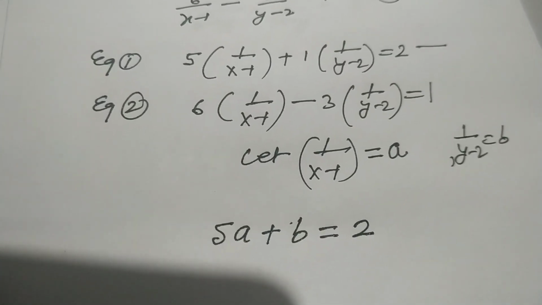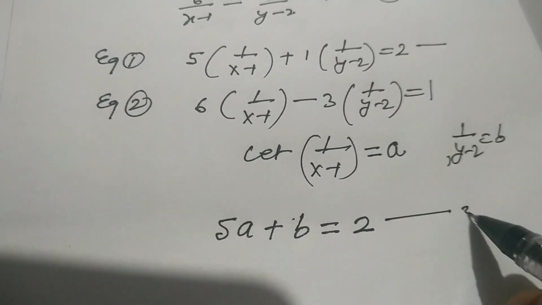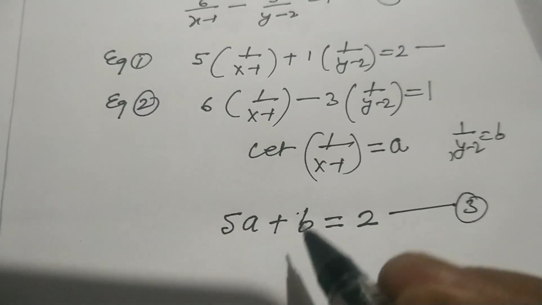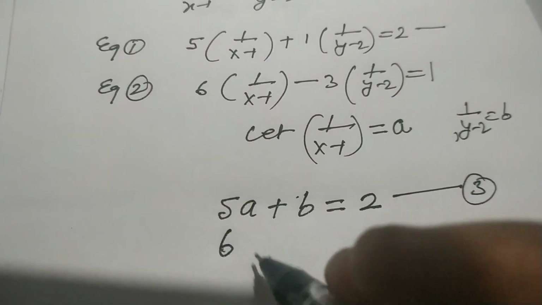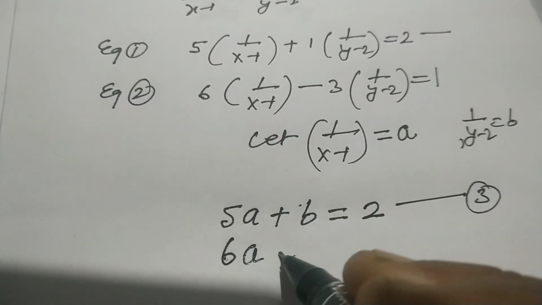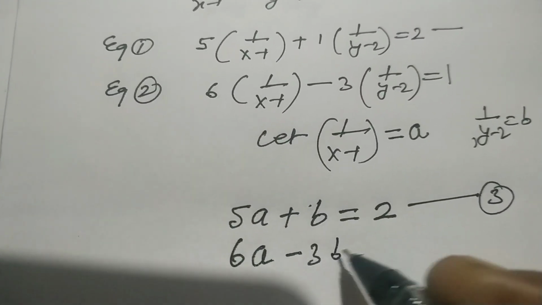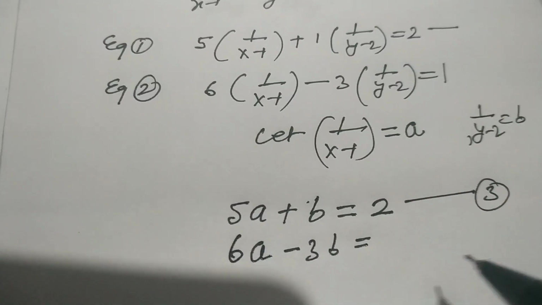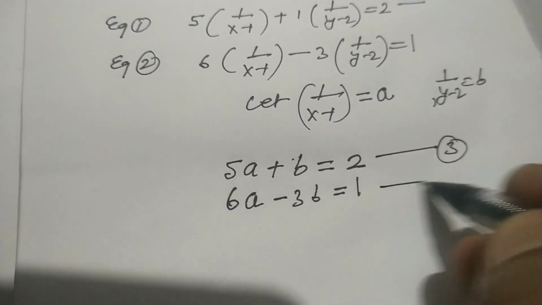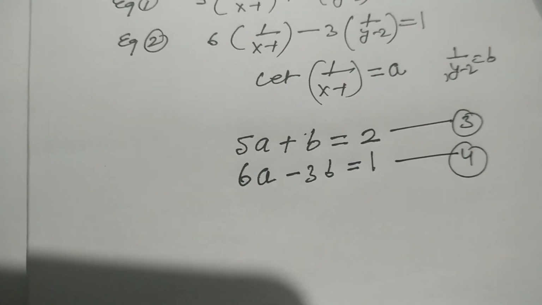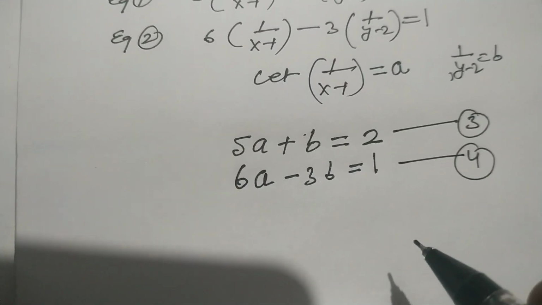Suppose this is equation 3. And the second equation will be 6a minus 3b is equal to 1. Now this is equation 4.